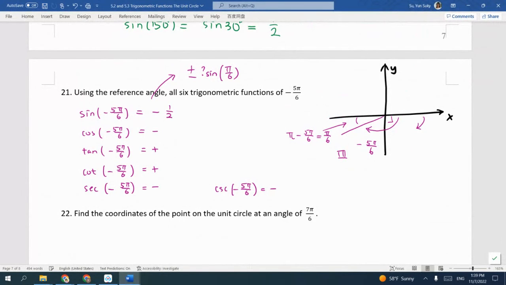How about cosine? Cosine of pi over 6 is, yeah. Tangent? Root 3 over 3. Cotangent? Root 3. Secant? Yeah, 2 over root 3. Cosecant?